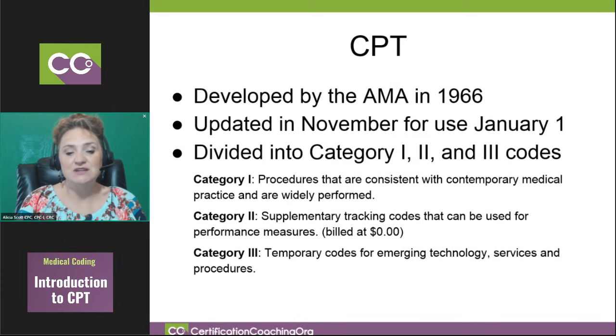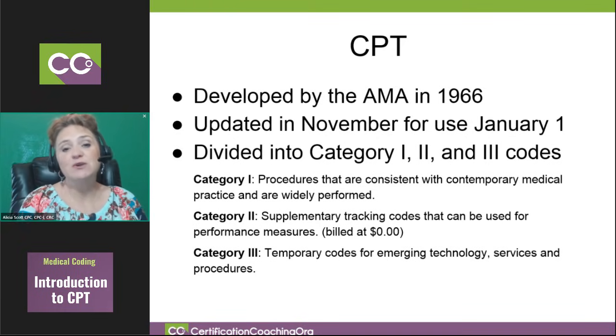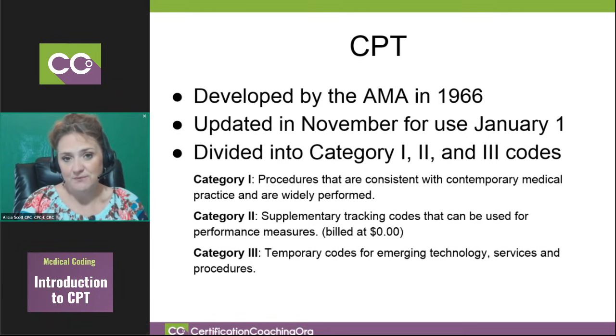Those are the ones that usually have a T in them, and you'll see a lot of them, but you still use them when they're applicable, because they want to track and see how often they're being used. If they're used frequently enough and the AMA implements them, the next year it's a new code, right? So they're little baby codes, learning to be grown-up codes based on whether you use them or not, and they're for statistical purposes as well.